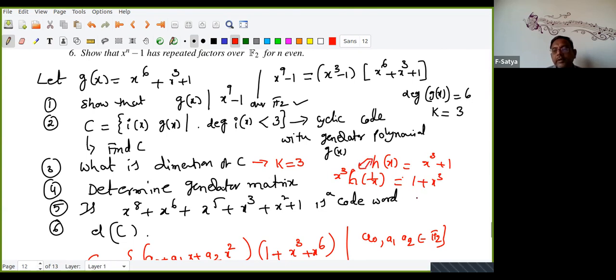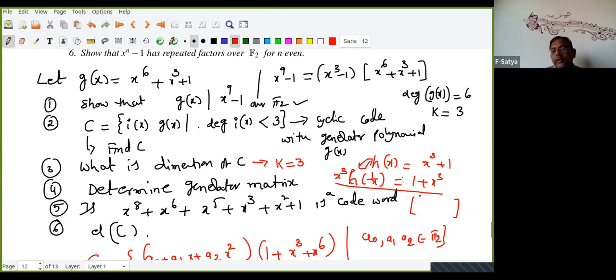Then you know that this is the polynomial I'll take, and I'll construct the parity check matrix. You can take this as a polynomial or as x cube plus 1. If you take this, you write the constant first; if you take this one, write the highest term first.